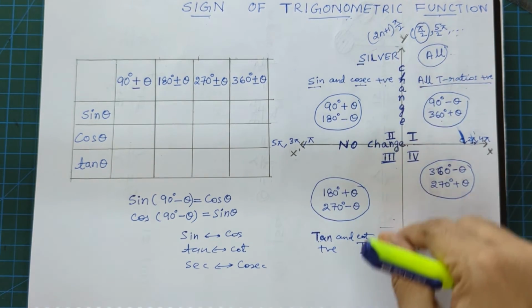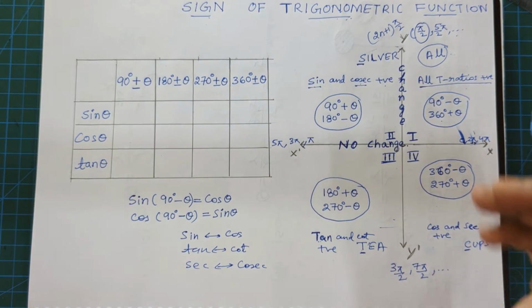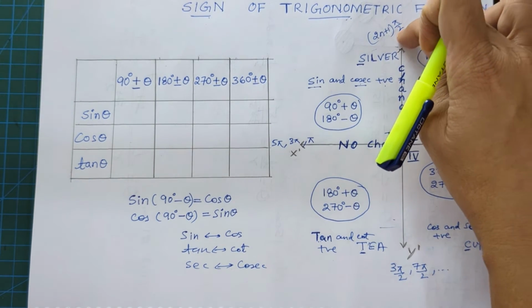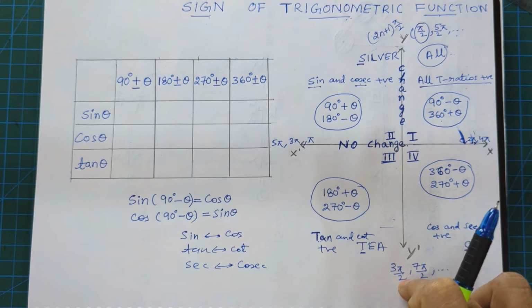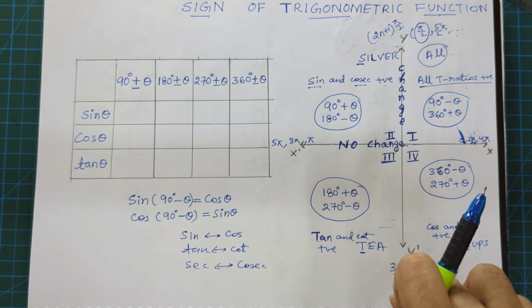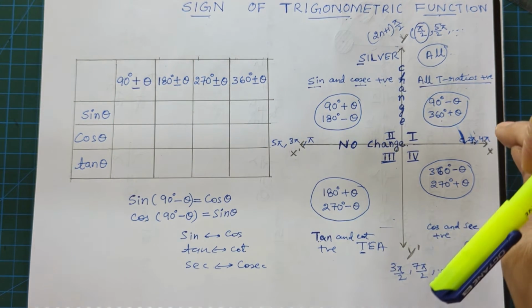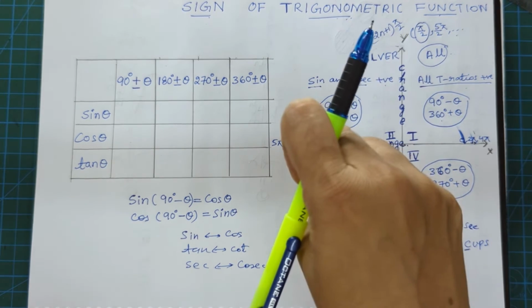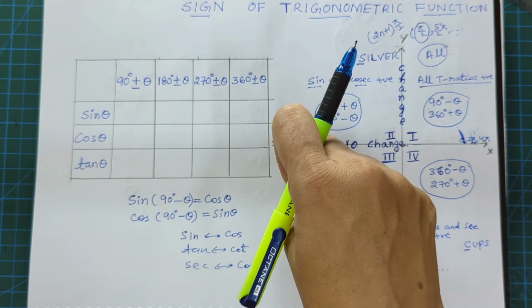But with respect to y-axis, change occurs. Means change will occur with respect to 90 plus or minus theta, 270 plus or minus theta. Change will not occur with respect to 0 or 360 or 180 plus or minus.